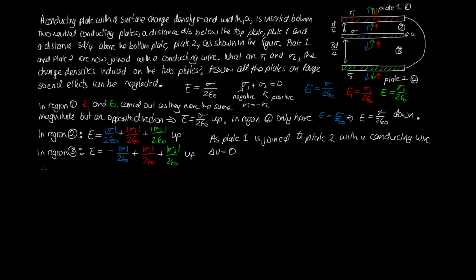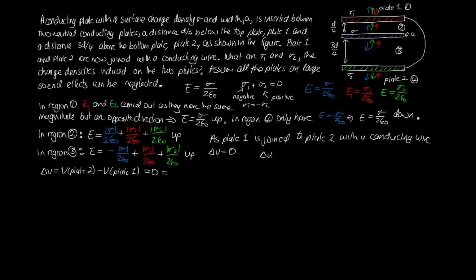So we can write that the potential difference, which is equal to, we're considering moving from plate 1 to plate 2, so that's the voltage at plate 2 minus the voltage at plate 1.